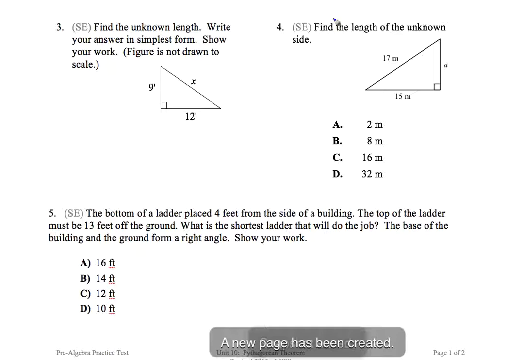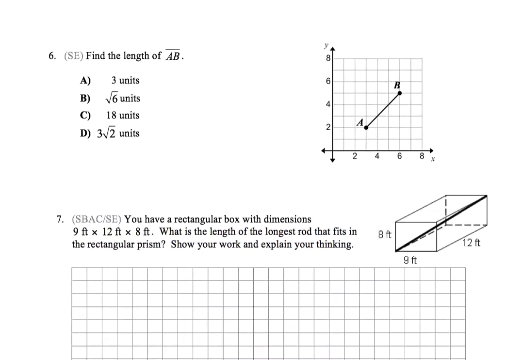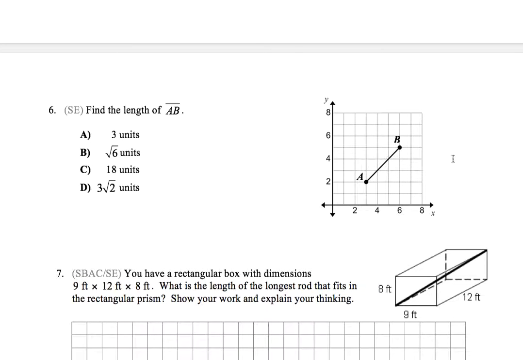Let's look at our next page. Focus on 6, and then we'll scroll down to 7. Find the length of AB. So our first step is to create a right triangle and measure our side lengths.